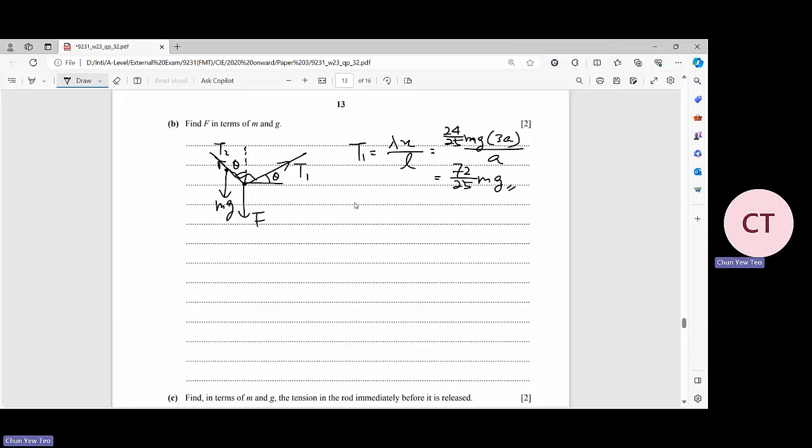So to find F, we resolve the forces along the spring direction, so that we don't need to get involved with T2. So if we resolve the forces this way, we have T1, then I need to settle theta.